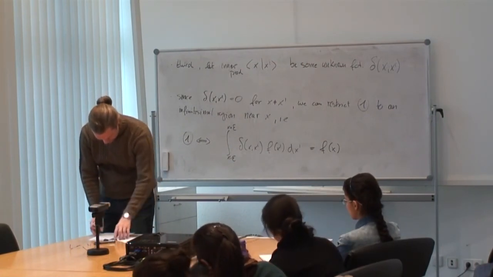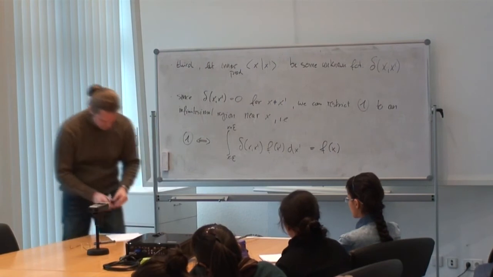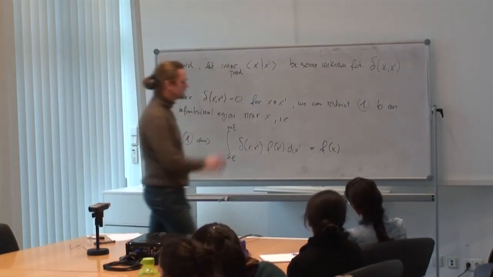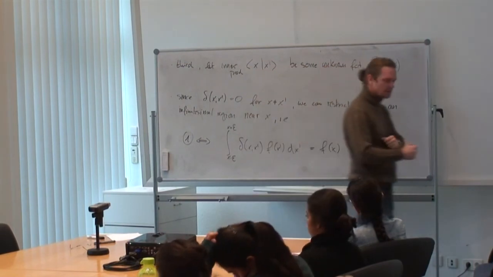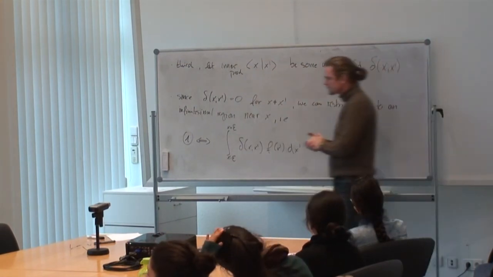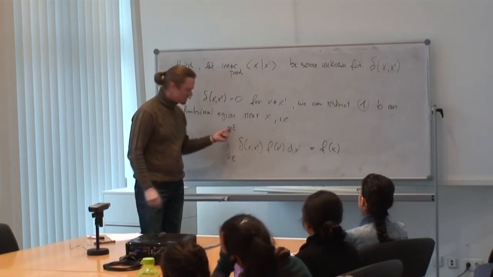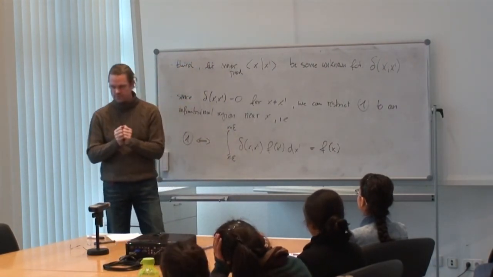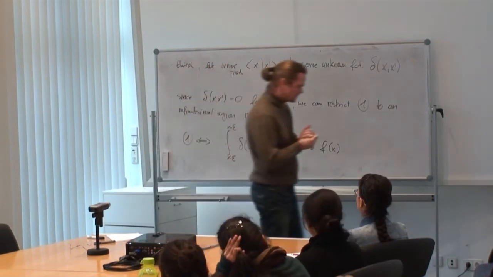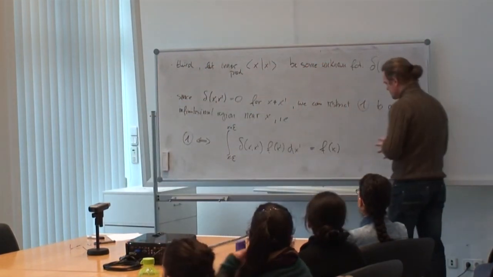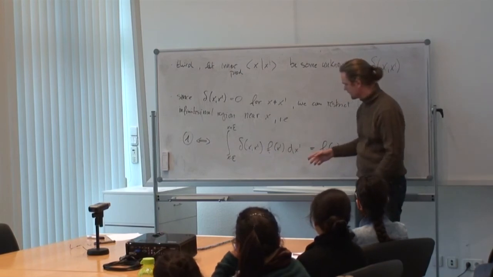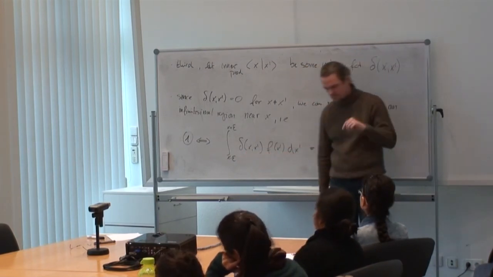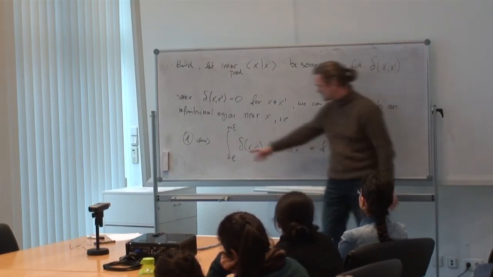Now, I will say it before I write it down. If this epsilon here is really, really small, then it is fairly reasonable to assume that we have some x minus something really small, x minus epsilon, x plus epsilon.